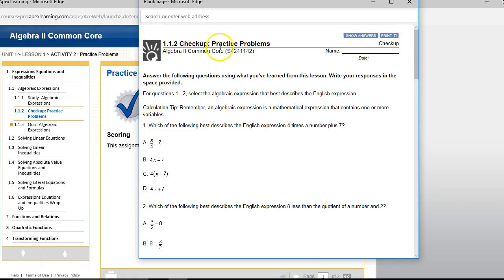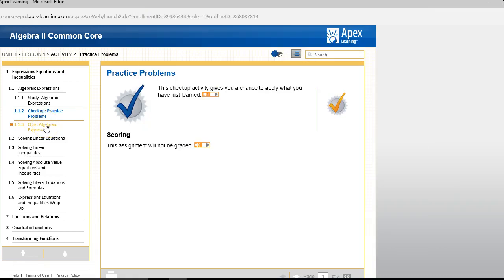After you are done completing your checkup, you're going to try and do it without checking your answers. But after you are done, then you click Show Answers and verify your work. Only after you have verified your answers to your study sheet, completed the checkup and checked your answers, and reached out to me if you have questions on anything that you are not sure of yet, then you move on to your quiz.